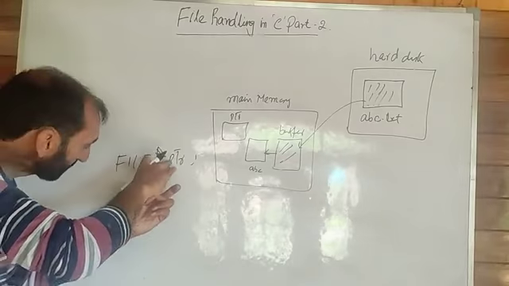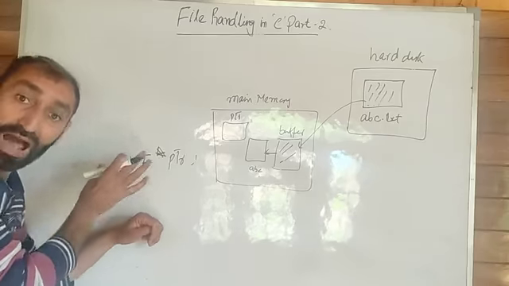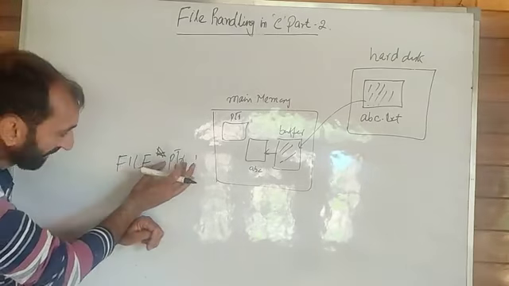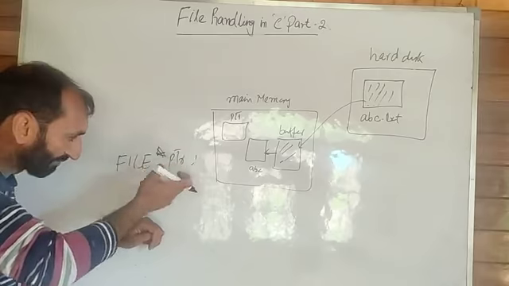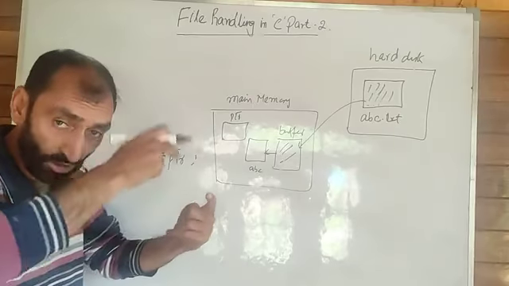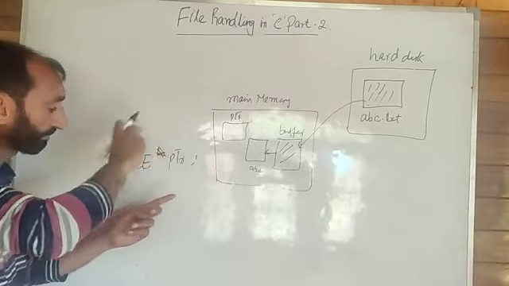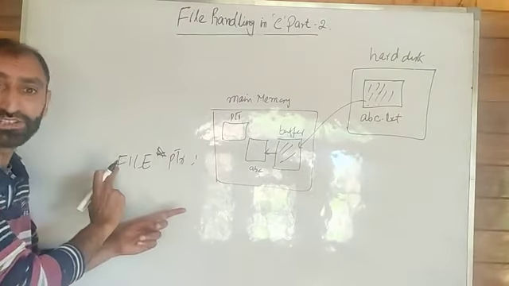This ptr can now store the address of a FILE. The declaration tells the compiler that ptr is a pointer, and that it stores the address of a variable whose data type is FILE.